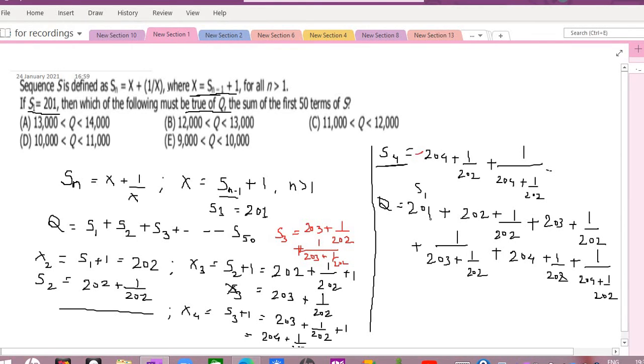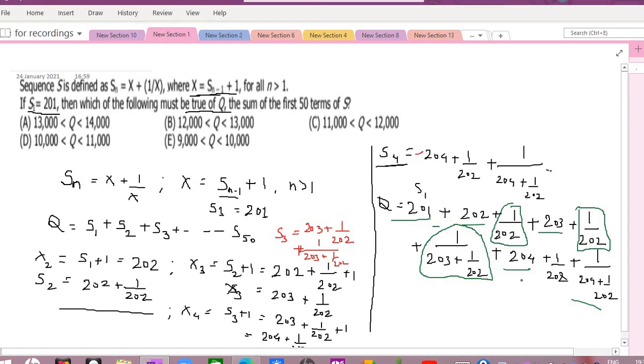You see the numbers, first term has 201, second term has 202, third term has 203, and fourth term has 204. Now regarding these terms, so these terms are way less than 1, right? Isn't it? And they are increasingly getting even lesser.